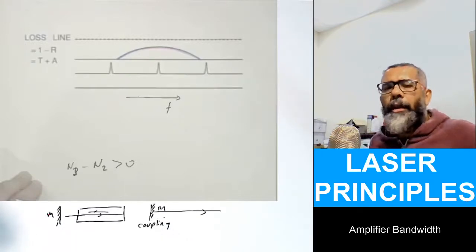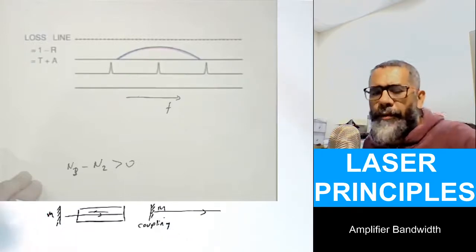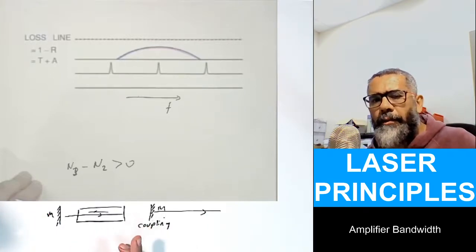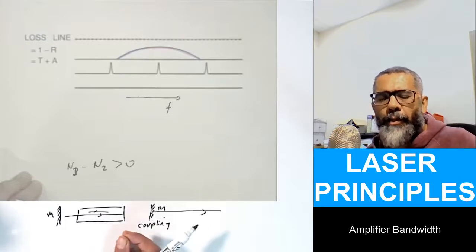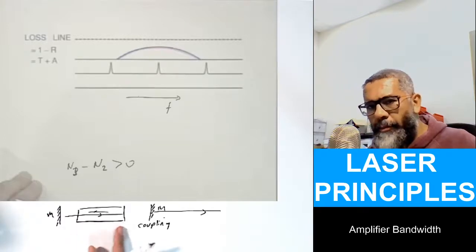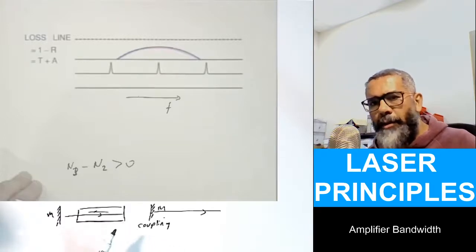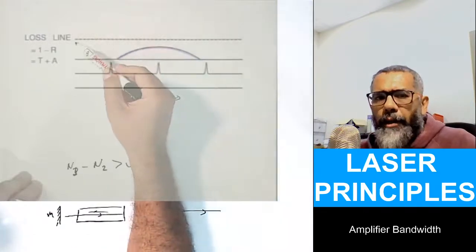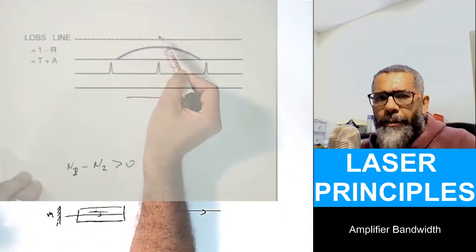Not all light ideally passes through or reflects back from a mirror, but sometimes the mirror itself absorbs, even if this is a very small value. There is also another absorption source: the gain medium sometimes absorbs light. That's what this dashed line represents.